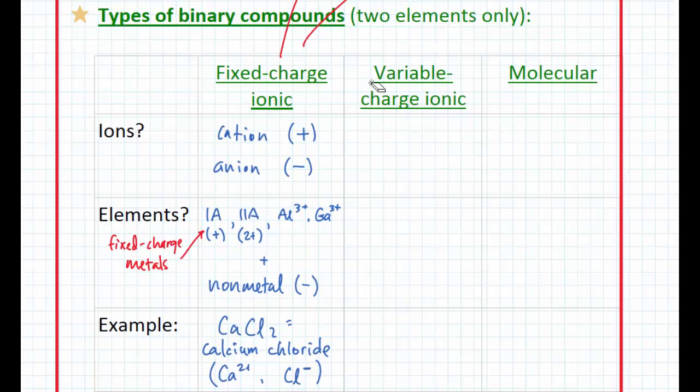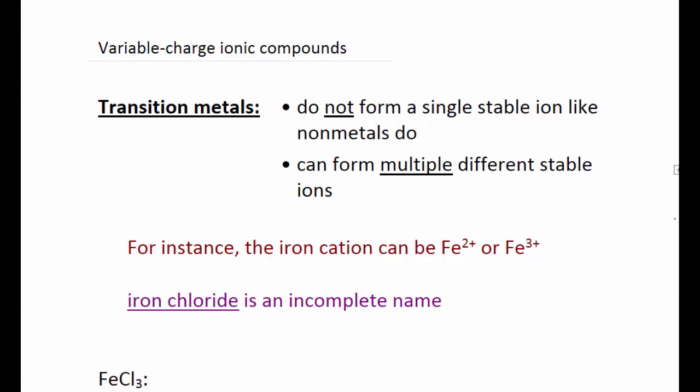So let's talk about variable charge ionic compounds. So we'll come back to fill out that column here. Let's go to this page, start talking about what that means. So the transition metals, okay, for the most part, the metals in the middle part of the periodic table, they do not form a single stable ion like nonmetals do, or like 1A, 2A, aluminum, yeah, right, 1A is plus, 2A is 2 plus, okay?